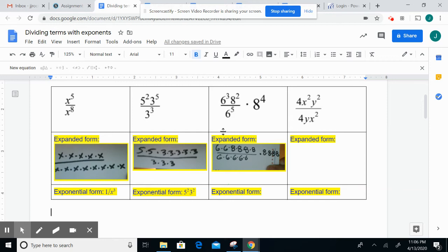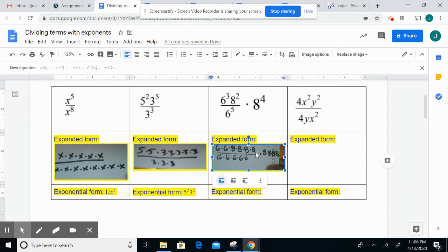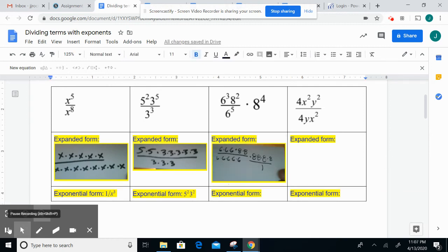I missed a 6. There are 3 6s on the top. Well, that picture is just not right. All right. That is better. So 3 6s being multiplied on the top.